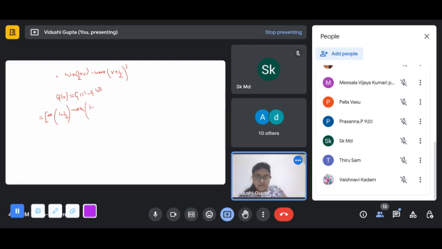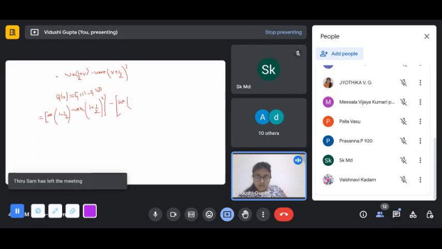(1 plus half) whole square, minus omega e into (0 plus half), minus omega e xe into (0 plus half) whole square.